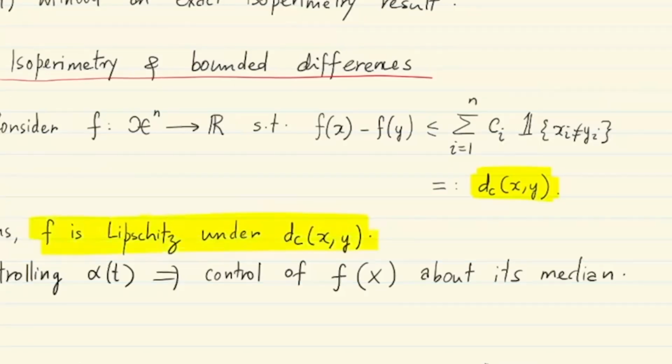So this means that if we can control alpha of t for the distance measure d_c, then this will imply control of the deviations of f(x) around its median by Levy's inequalities.